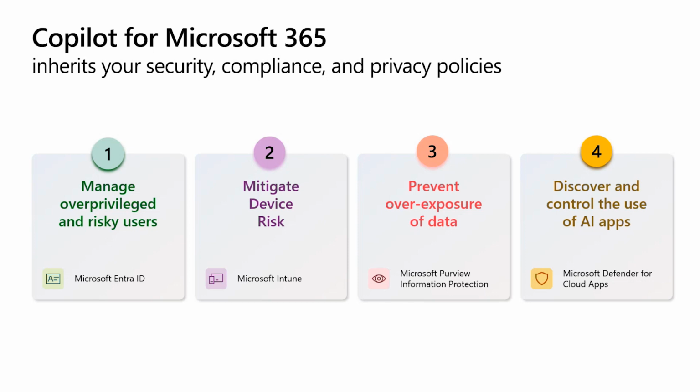Prevent overexposure of data with Purview, and discover and control the use of AI apps with Defender. Obviously we looked at each of them in more detail in part one, presented in February. I remind you that it's still available on our YouTube channel.